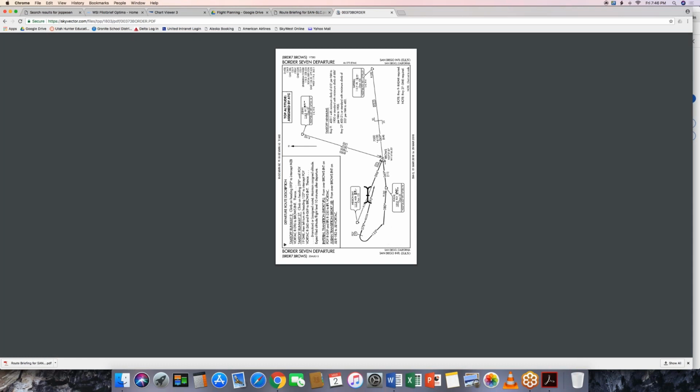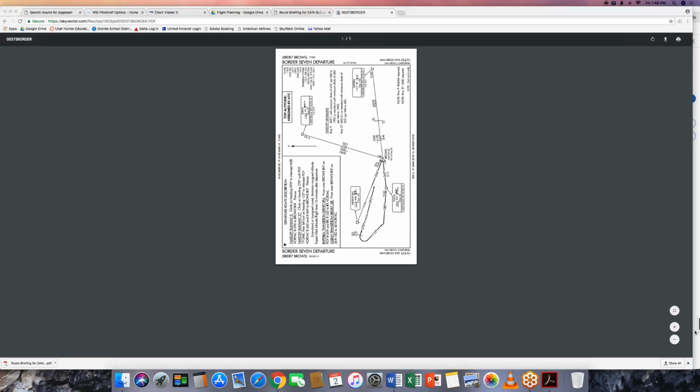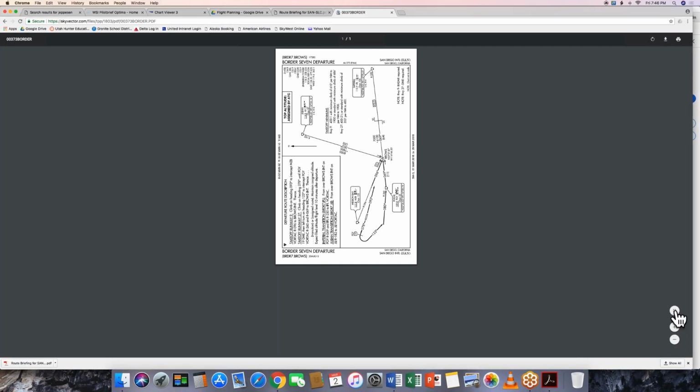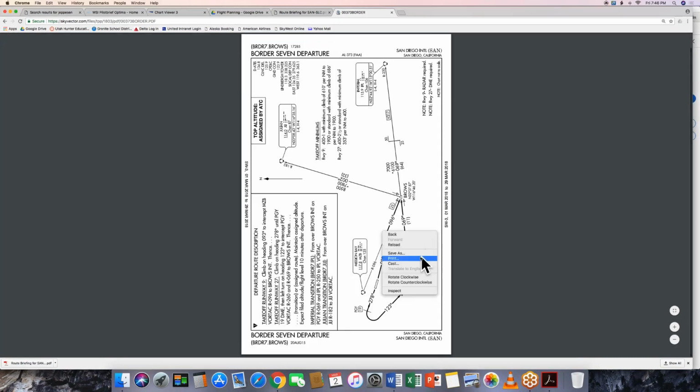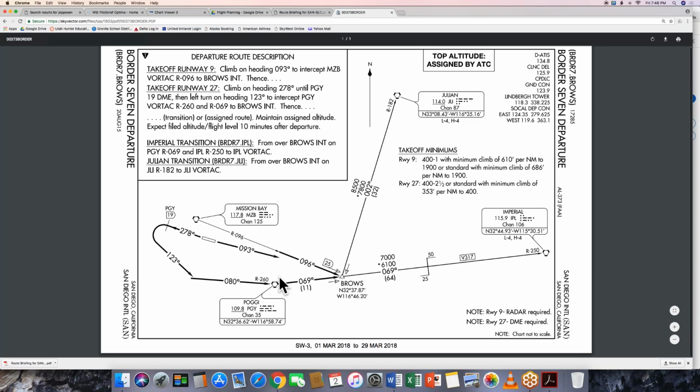So when we look at these charts, can everybody see it? Yeah. Okay, so this is where our airport is. And once again, these are our transition points out here, right? So this looks a little different from the Jeppesen charts.